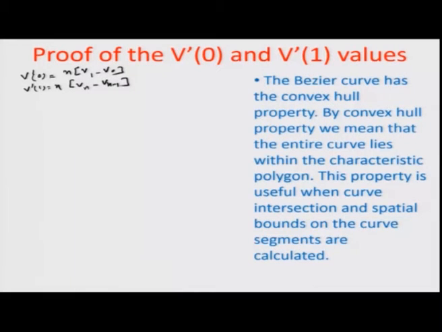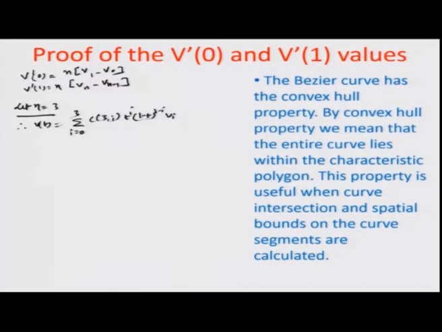So, suppose the number of points is 4 and the index n is 3. The Bezier function v of t in that event can be written as the sum over i varying between 0 and 3 of c 3 i t to the power of i, 1 minus t to the power of 3 minus i, v i.